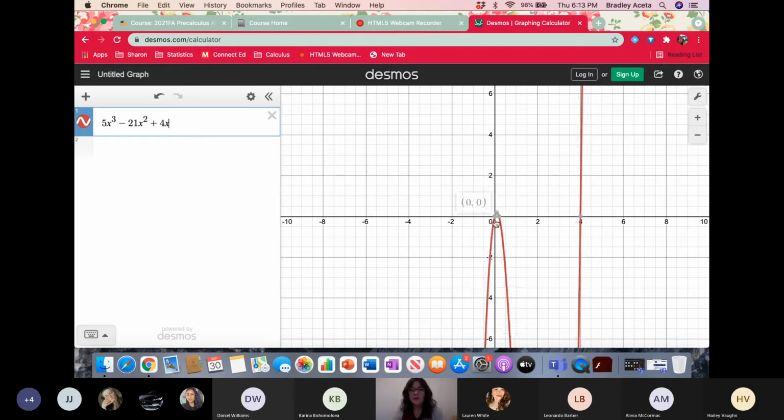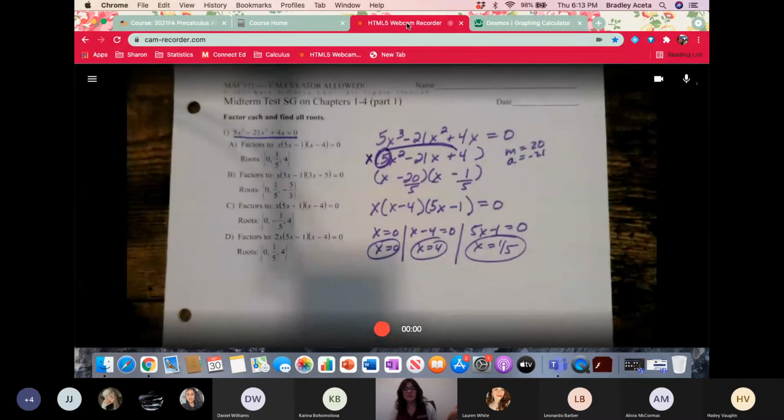Well, look at there. There's a 0. There's another 0. It's 0.2, which is equivalent to 1/5. And there's my other 0, 4. Okay, so I know we did it right.